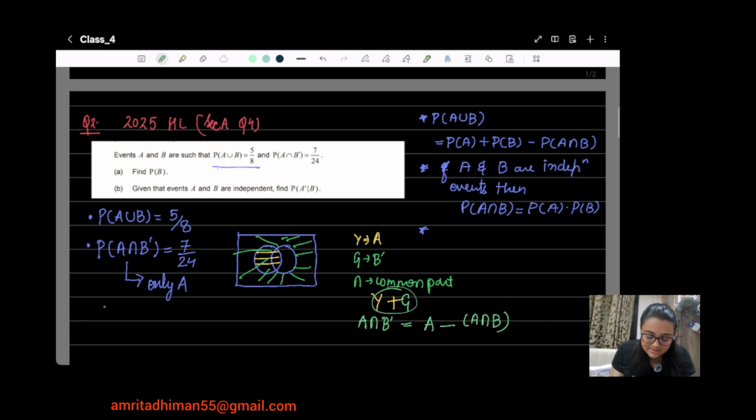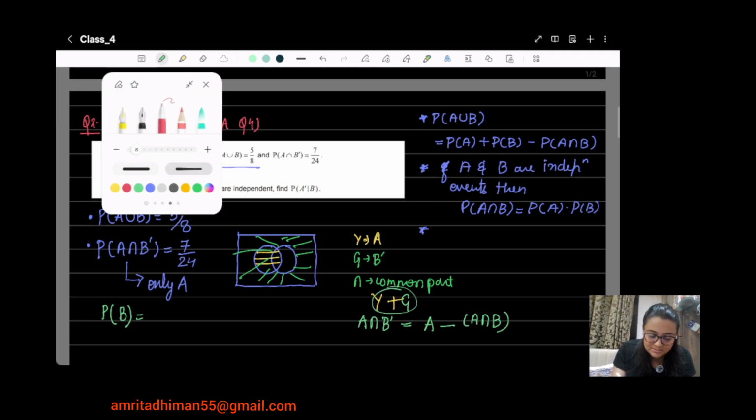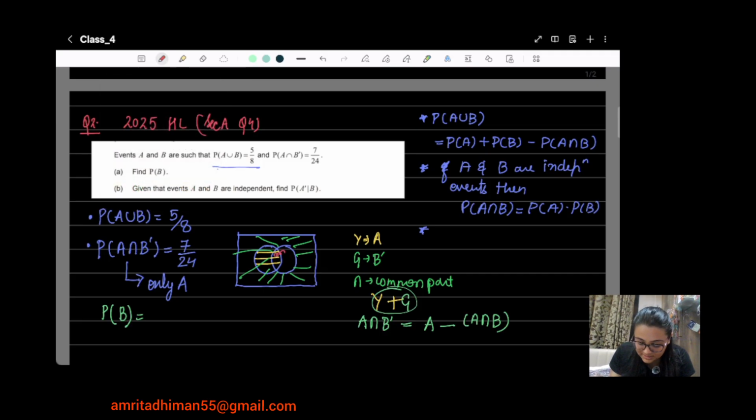So how can we calculate the probability of B? Probability of B is this red one. We can calculate it as probability of A union B minus probability of A intersection B complement, which is equal to 5 by 8 minus 7 by 24.